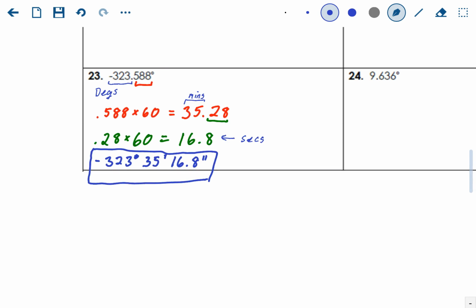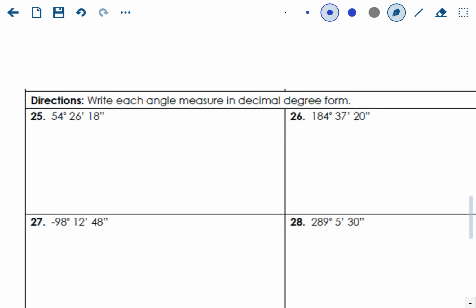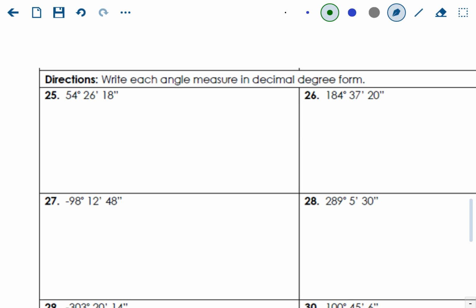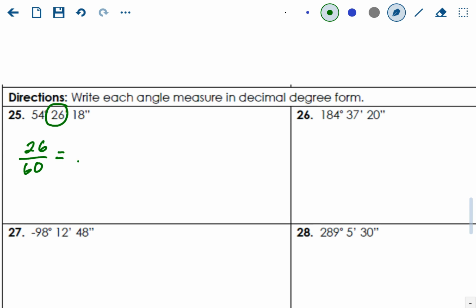And then this last section is going from degrees, minutes, seconds into decimal degree form. For these, the previous one was 2 multiplications. This one's going to be 2 divisions. You're going to take the minutes part, which is the middle, the 26, and you're going to divide that by 60, which is 0.433.